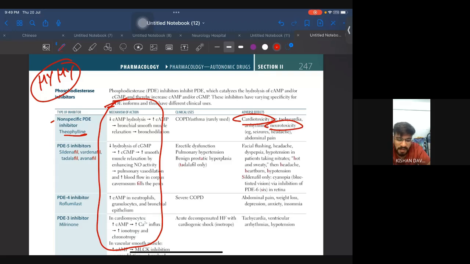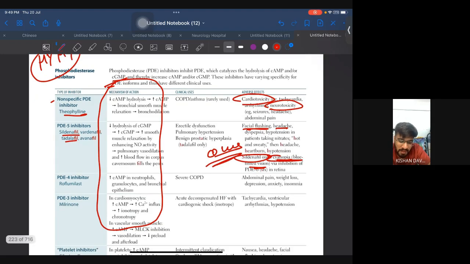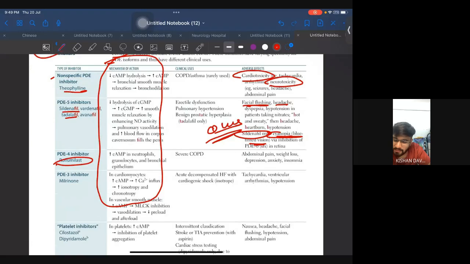PDE5 inhibitors: sildenafil, vardenafil, tadalafil, they are asked. Their side effects are also very common: facial flushing, headache, and another thing is, if the patient is taking sildenafil, there will be blue vision, cyanopsia. So make sure blue vision comes in questions, it is in UWorld also. PDE4 roflumilast, not commonly asked.